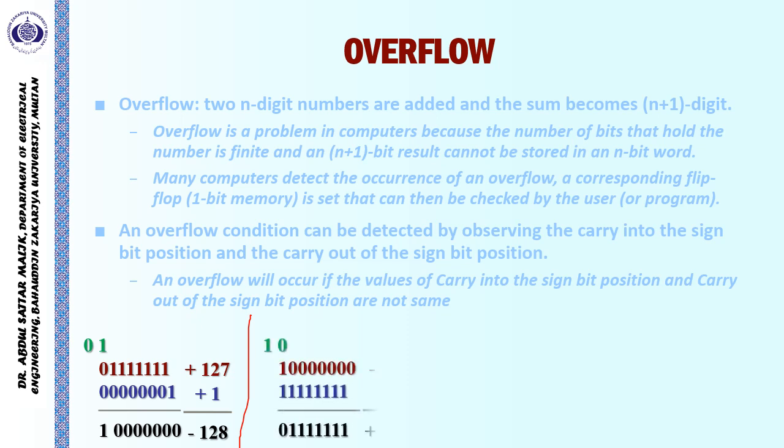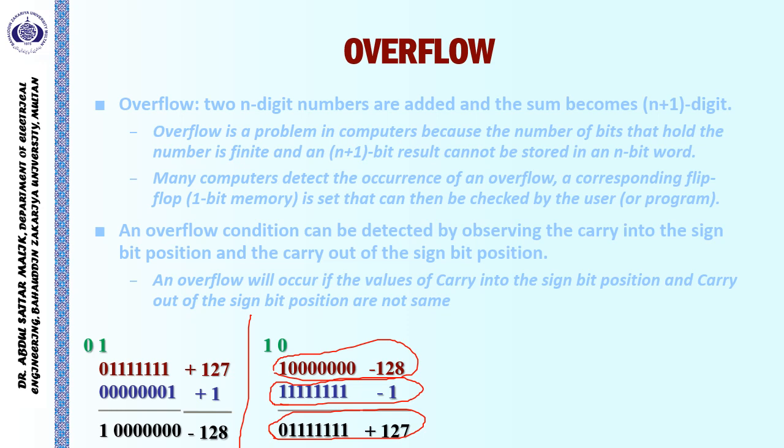Let's take another example. In this example, the first number is -128 in decimal equivalent, and the second number is -1. Obviously, the sum of these two numbers will be -129, which is out of range of an 8-bit word. When we add these two numbers, we see that the sum comes out to be +127, which is not a valid result.